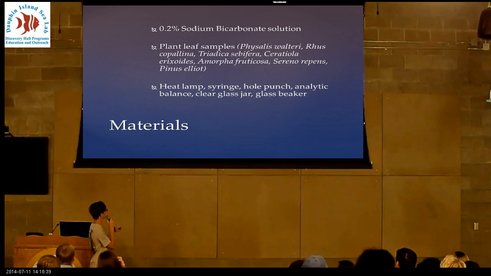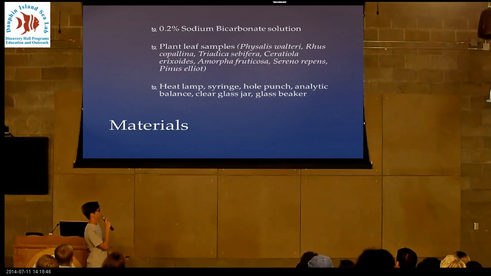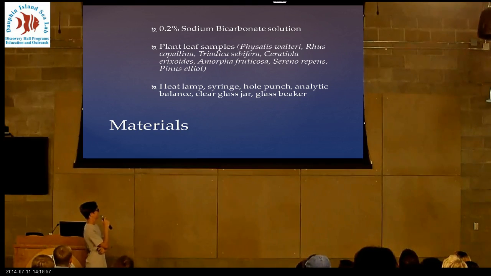The plant leaf samples that I used consisted of Physalis walteri, which is a plant here called the Walter's ground cherry, and it's native to the area. Rhus copallina, which is winged sumac. Triadica sebifera, which was in my hypothesis, it's Chinese tallow.